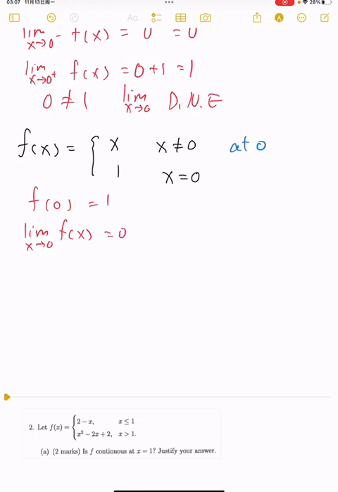We can see that the value of f of x at 0 does not equal the limit of f of x at 0. So this function is again not continuous.